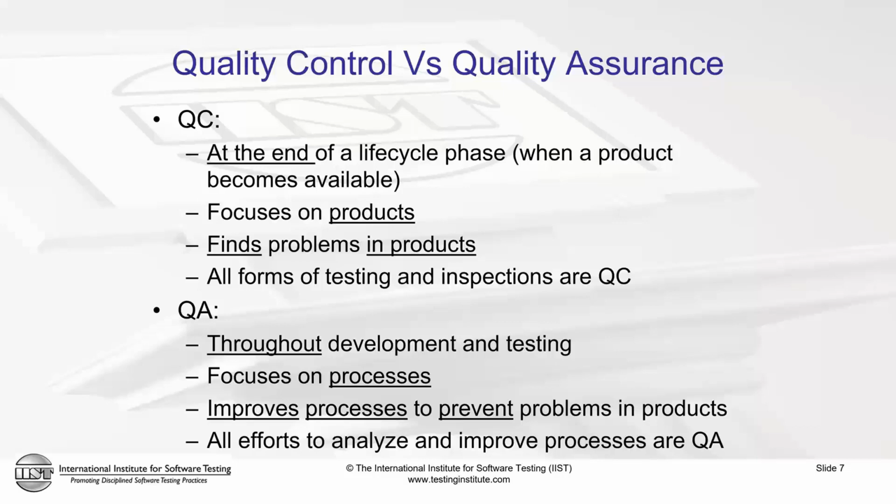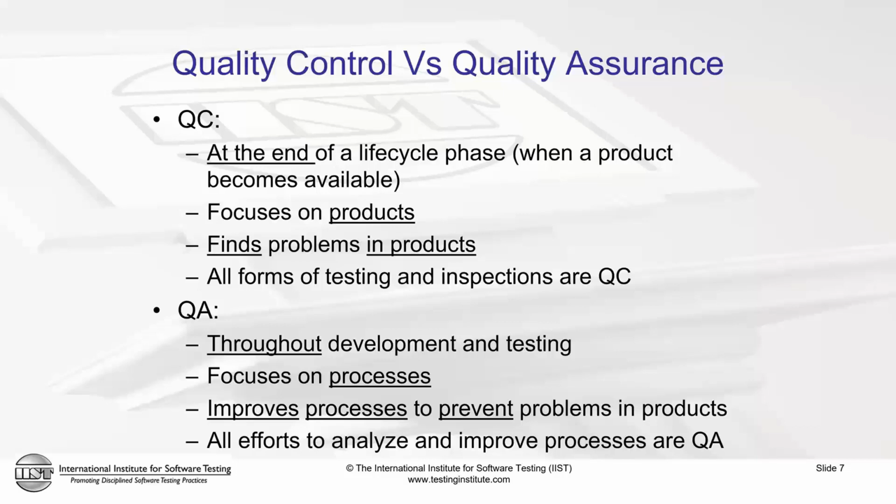And when you do it, you're not at all focusing on a product. You're really focusing on the process. So the way we do it is we go back to the process that produced a product, and we find out what is in that process that's causing the problems in the product, and we fix that.